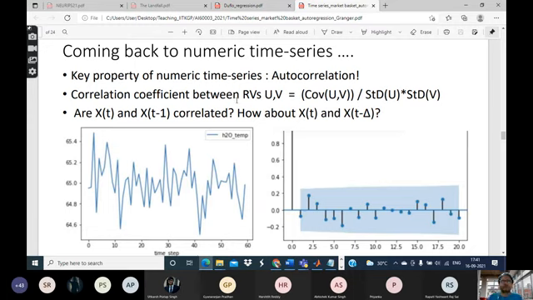So first of all, what is autocorrelation? Before going into what is autocorrelation, let us consider what is correlation. Correlation may be something which many of you have heard of. Can you suggest what you understand by correlation between two quantities?